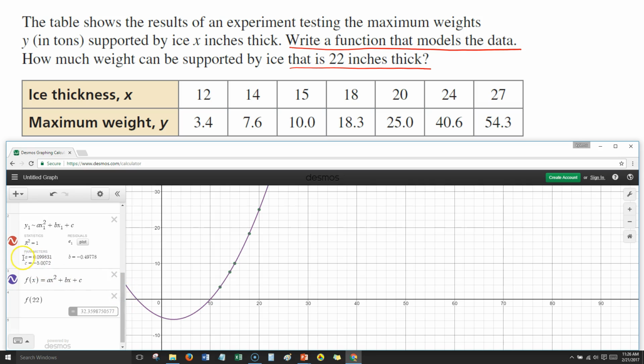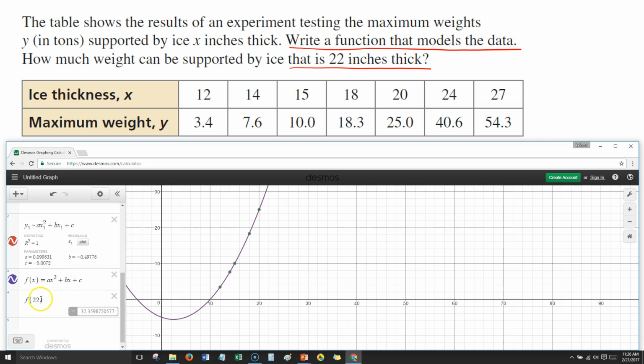And so what's it called? Function. There we go. My function is going to be 0.099831x squared minus 0.49778x minus 5.0072.